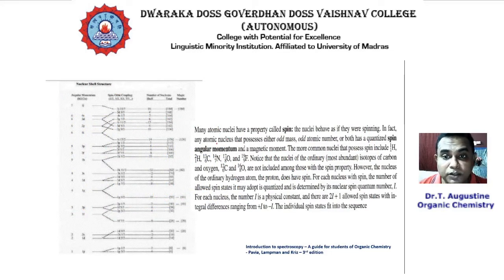Many atomic nuclei have a property called spin. The nuclei behave as if they were spinning, like a spinning top.